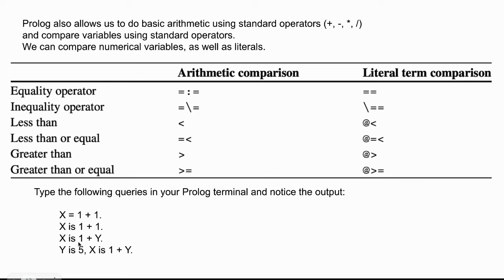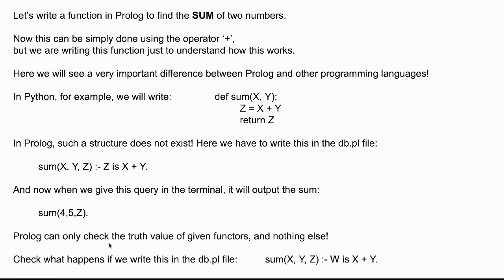Okay, when you do x is 1 plus y, then try out what you get. And when you write x is 5 comma x is 1 plus y, then the value of 5 plus 1, 6, is assigned to x. So I'm not telling you what you get for x equal to 1 plus 1 and x is 1 plus y. This I would recommend you to try out on your own and see the answer.